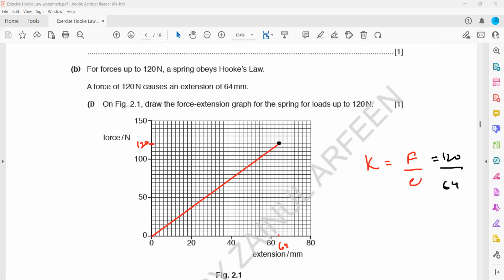So 120 divided by 64 is 1.9, and the unit of the force is Newton and the extension is given in millimeters, so it will be Newton per millimeter. You can take any value on the linear part, it's up to you. Take any point and the respective force and extension, divide them, and you get the value of the spring constant.